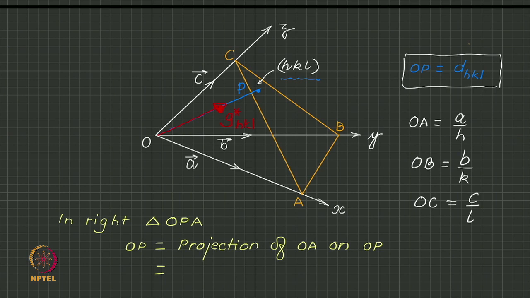From the previously established relation, G star HKL is perpendicular to the HKL plane, and OP is perpendicular to the HKL plane. So, G star HKL is parallel to OP. Okay. Now, let us join P with A.